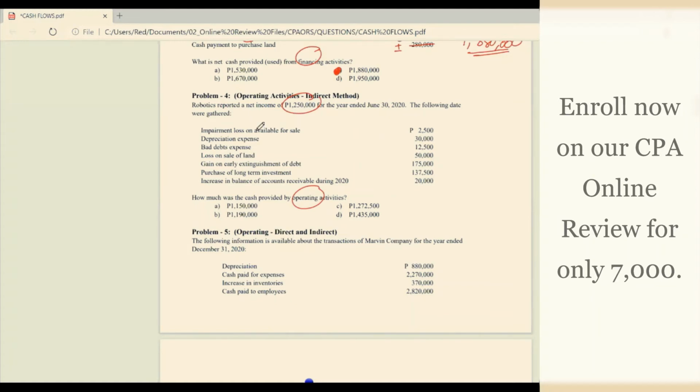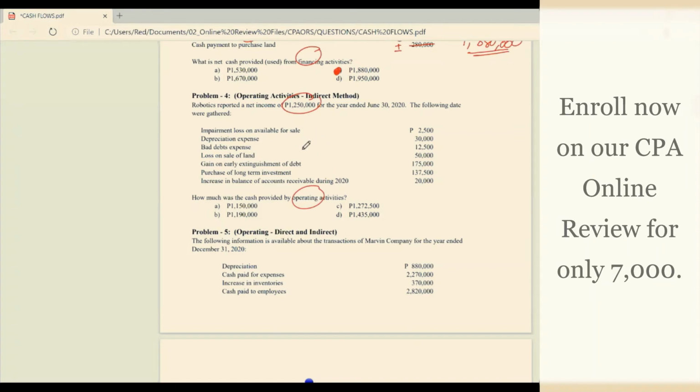The following data were gathered. So impairment loss on available for sale. So paalamin naman natin kung non-cash ba siya. Non-cash expenses or non-cash income ba to? And changes ba ito sa current asset mo and current liabilities mo? Okay. So impairment loss on available for sale asset.